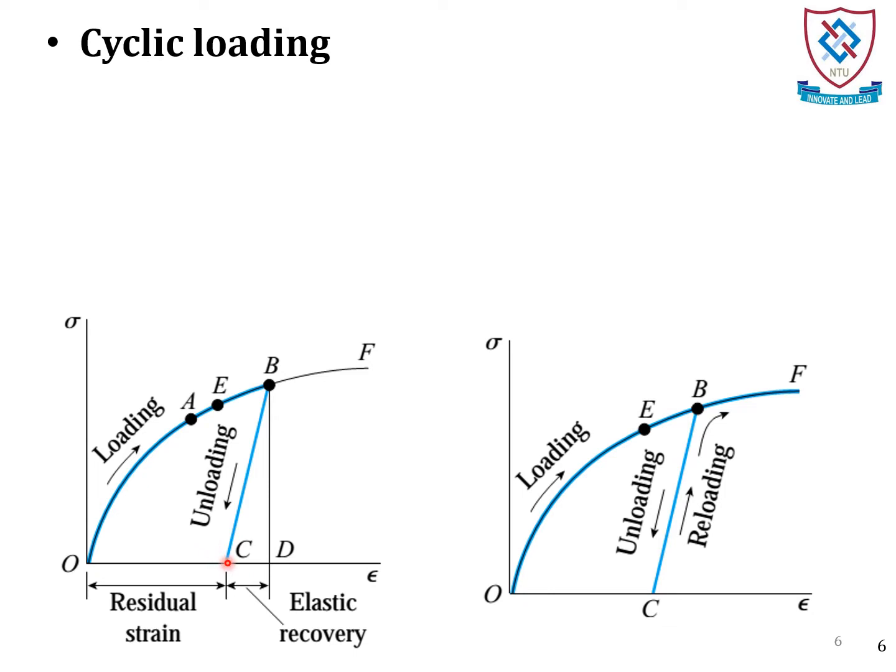So in the next cycle, we will start from here. We will have some deformation. We come back, some recovery, some permanent deformation, and so on. So the plastic deformation will increase with each cycle.